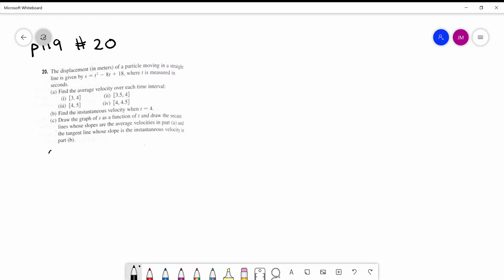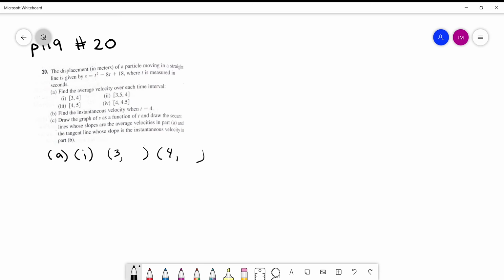So what that means for part A, part 1, is for the average velocity over the time interval, we want to find what the y-coordinate is at 3, and what the y-coordinate is at 4.